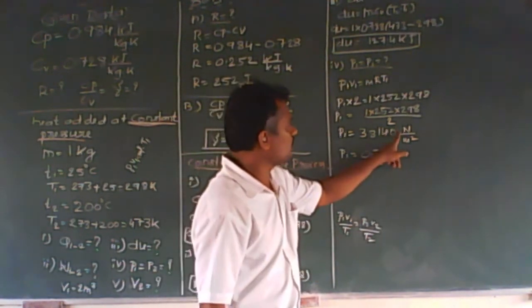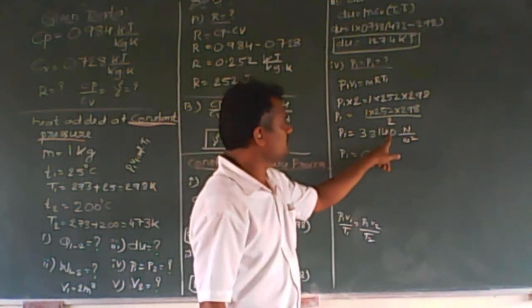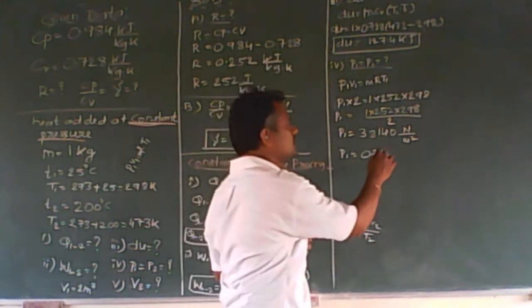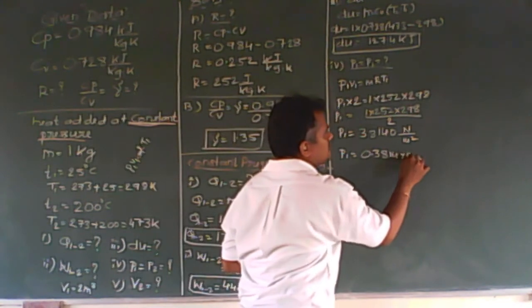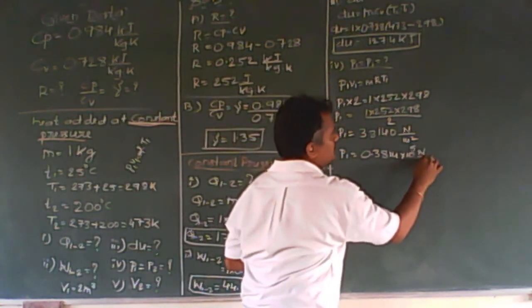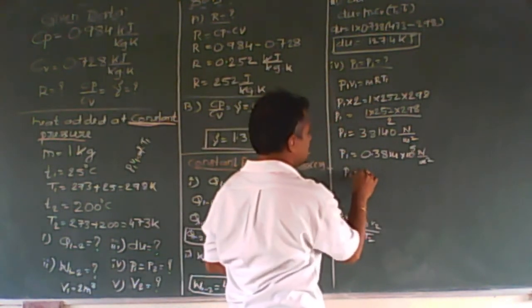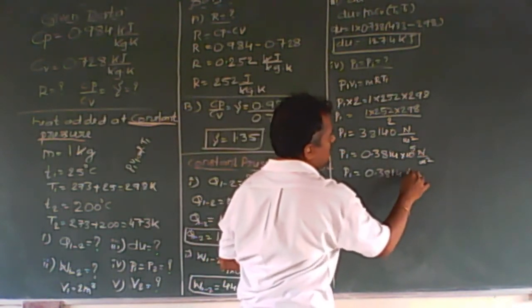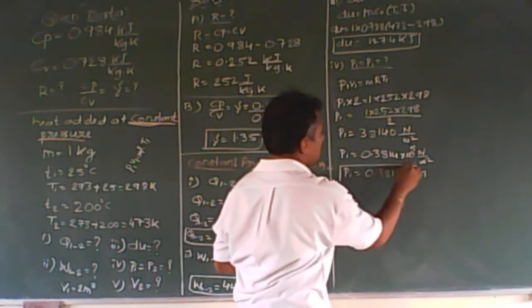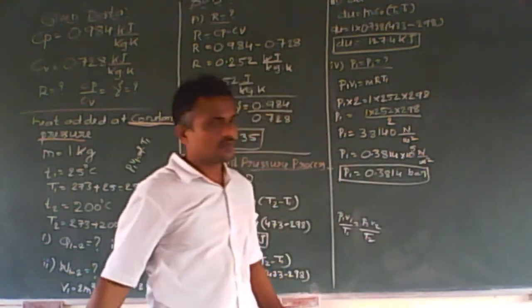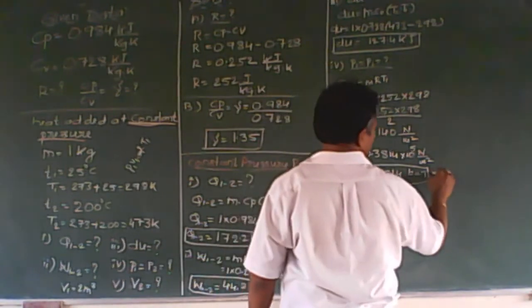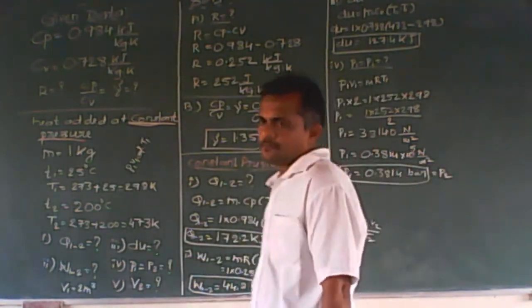Therefore, shifting the decimal point 5 places to the left, I can write it as 0.3814 bar. So this is how I can calculate the value of P1, which is equals to P2.